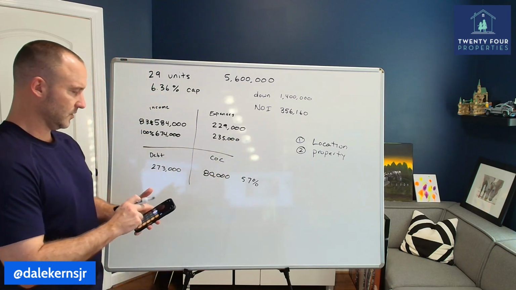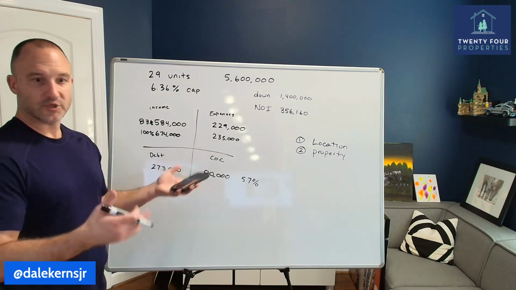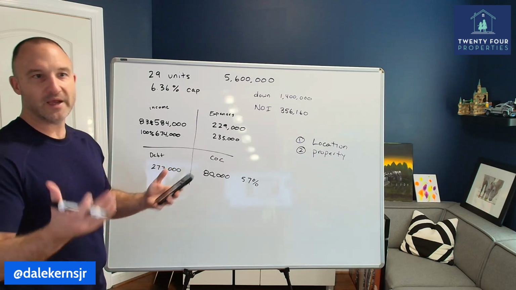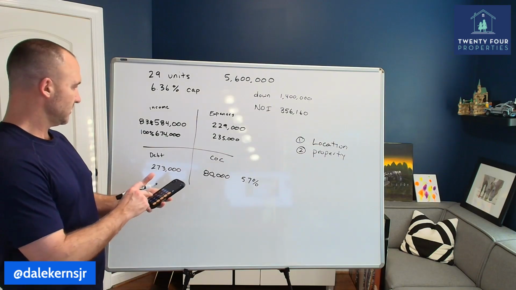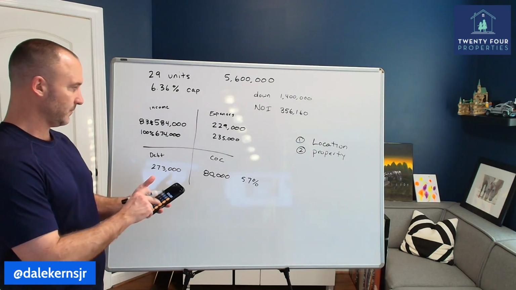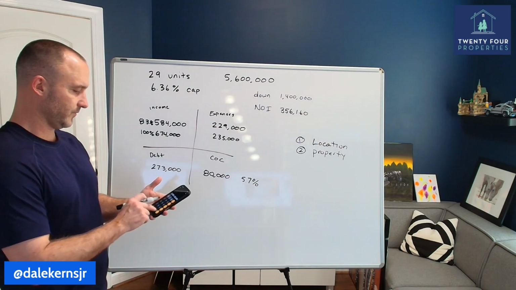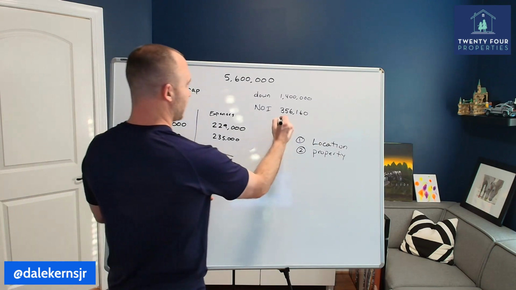Which it could. Electricity, trash, repairs, who knows? So 674 minus 235. So that's an NOI of 439.